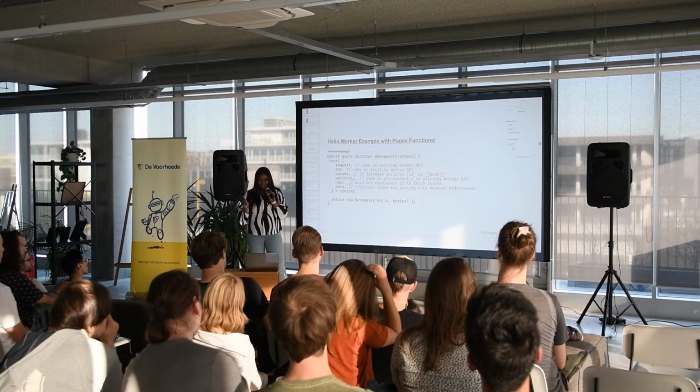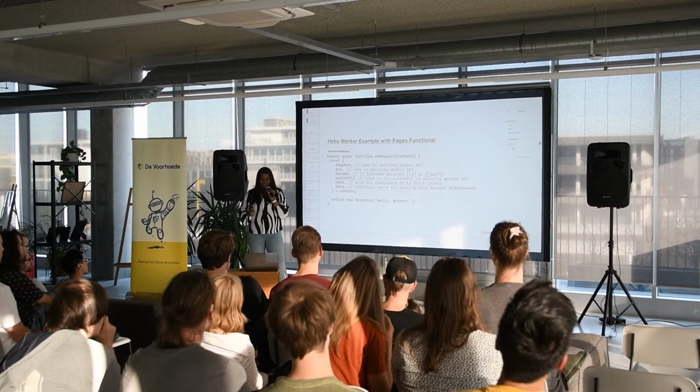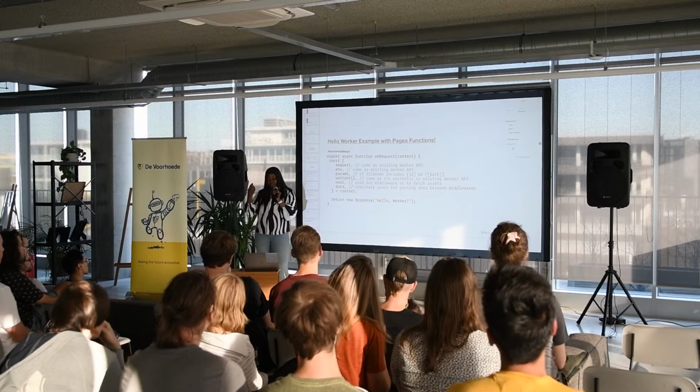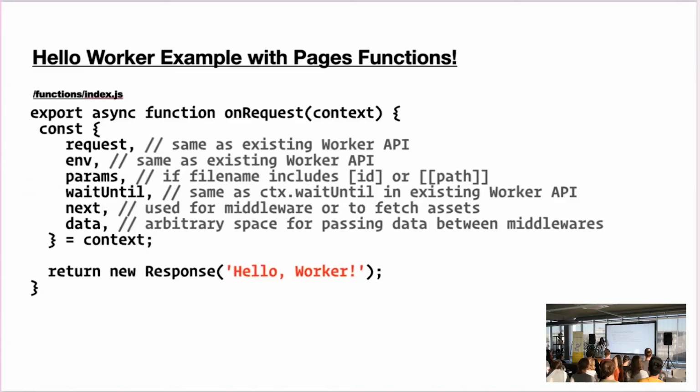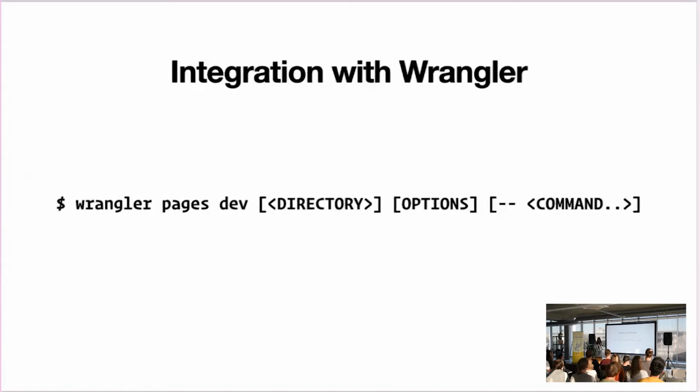I'll talk about that more in a bit, but you also have additional parameters passed from the context, like data and next for middlewares, and the rest are also APIs that you get out of Cloudflare Workers. But those are the two additional parameters you get out of context. Sorry, I can't see my computer, but it's fine. Yeah, so this is an example of a Pages function, right? And yeah, this is just outlining it properly.